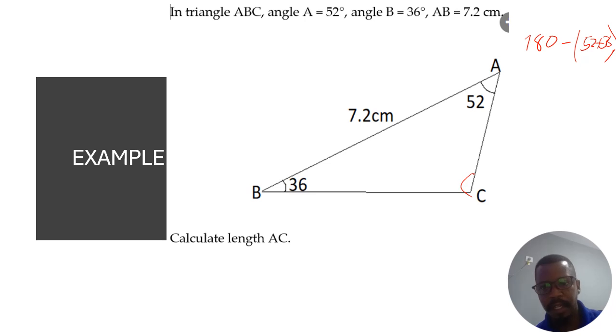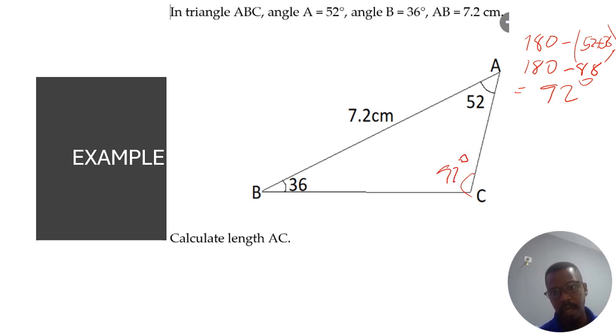So if you do that on your calculator, 52 plus 36 is equal to 88, which means it's 180 minus 88. Then we find out that 180 minus 88 on your calculator will give you 92 degrees, which means this angle is 92 degrees. Okay, you just have to know that angle.